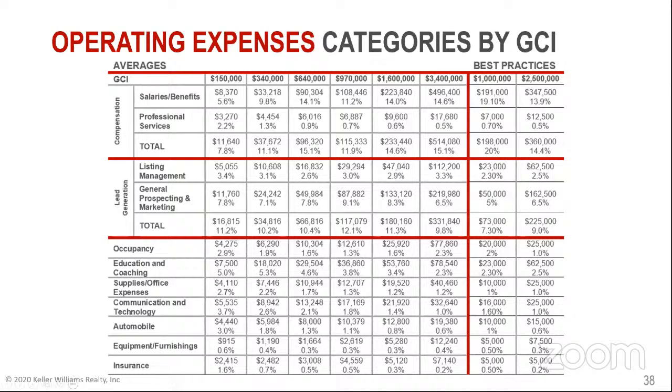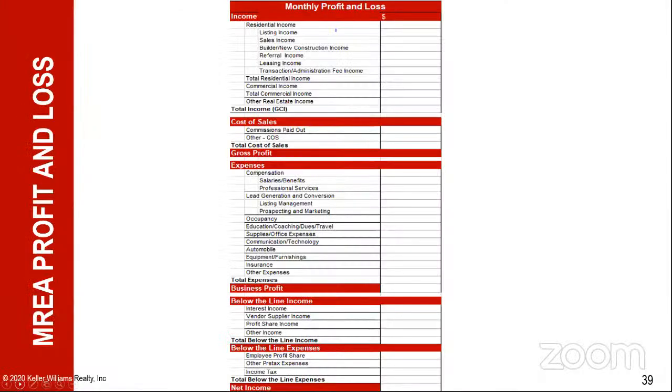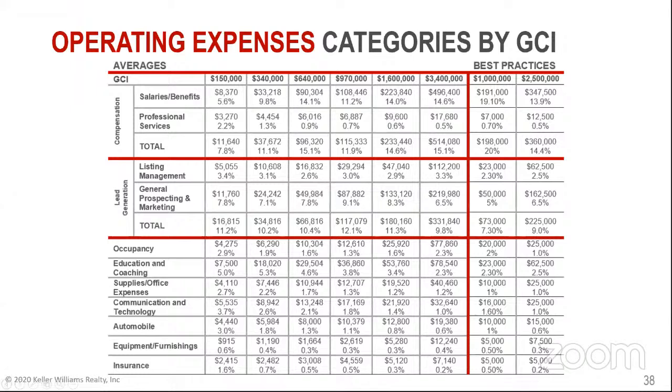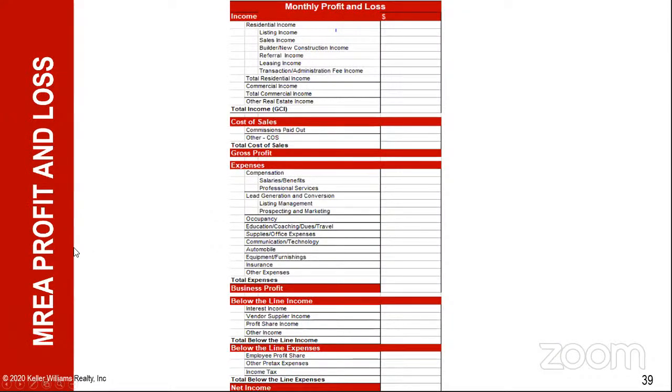So let's actually scroll down. This is the profit and loss statement that we spoke about before. Now this is going to be a blank copy, and I'm going to provide it in the description box below.